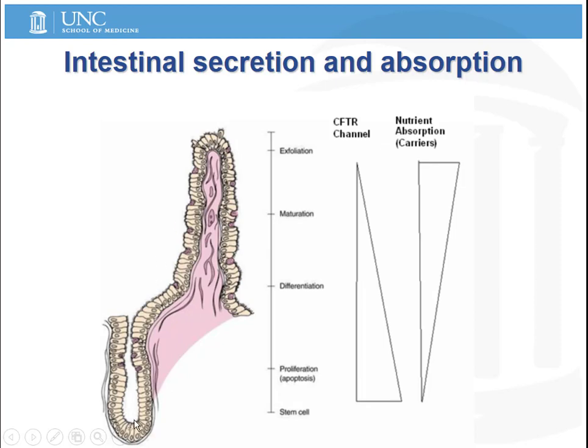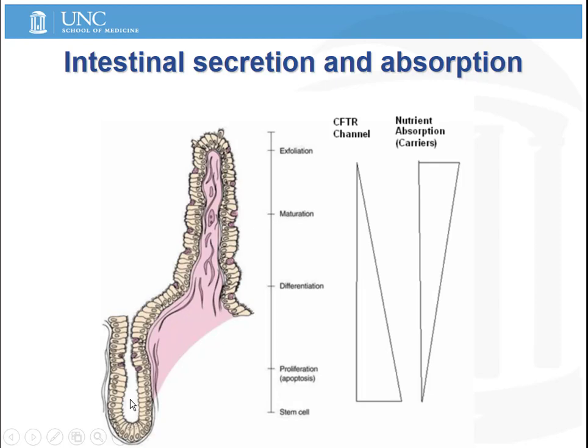As these epithelial cells move up the crypt-villus axis, they change their characteristics. While the cells are in the crypt, they're generally secretory, and they have many CFTR, or cystic fibrosis transmembrane regulator channels, that allow secretion of chloride ions into the lumen.